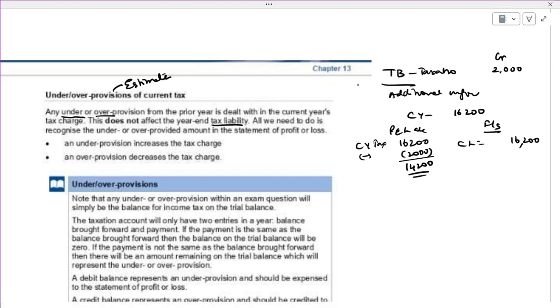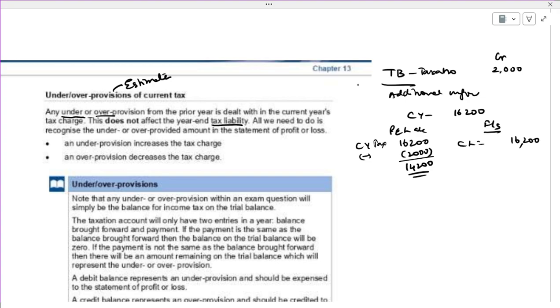This is the amount which you are going to pay. Because we already have an excess provision of 2,000 in the balance sheet, that provision will be taken into consideration with respect to the current year balance.